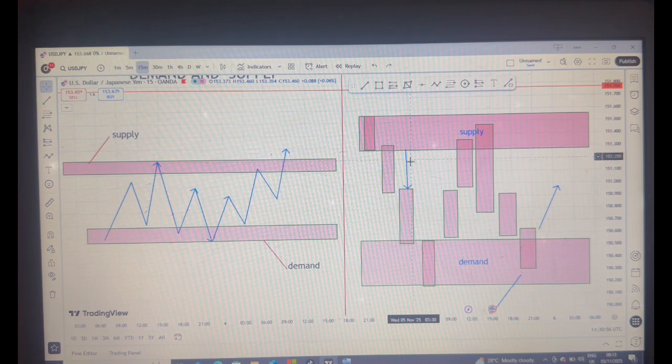It's showing that the market will still come back to fill that particular space. Any space that has not been filled up in the market will definitely come back. The market will definitely come back to fill up that space. It is a must. It might not come back that same day, but in the nearest future, it is going to come back to fill up that particular space.